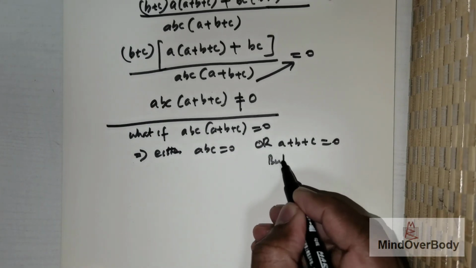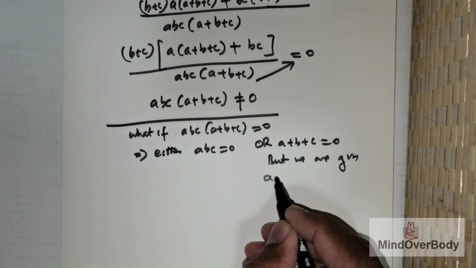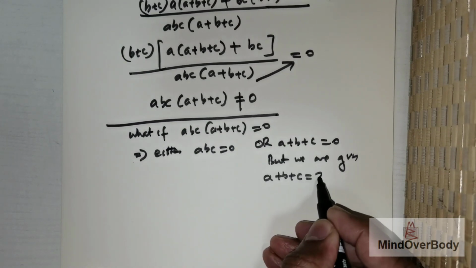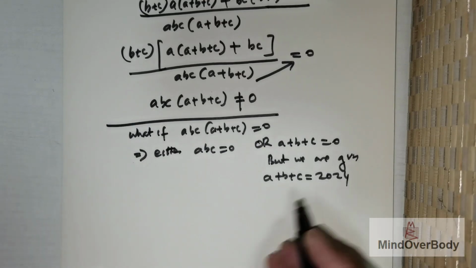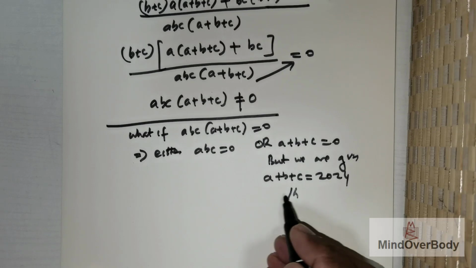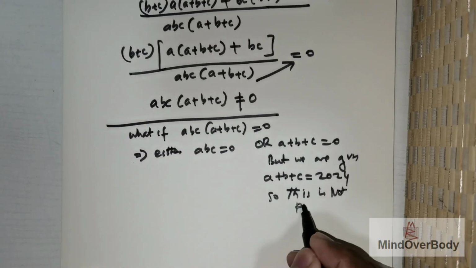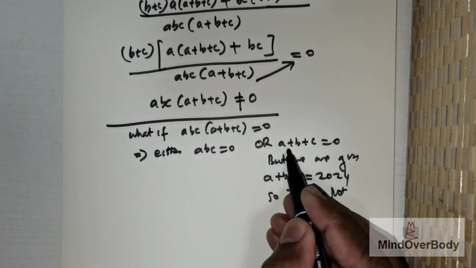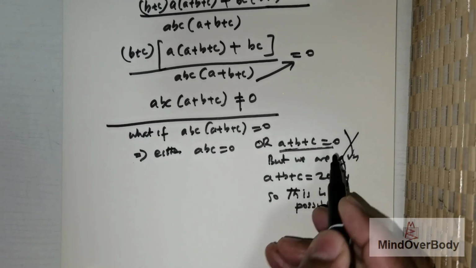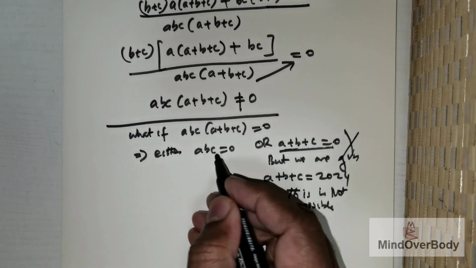But we are given that a + b + c = 2024. This has been given, so a + b + c = 0 is not possible. So that's ruled out.